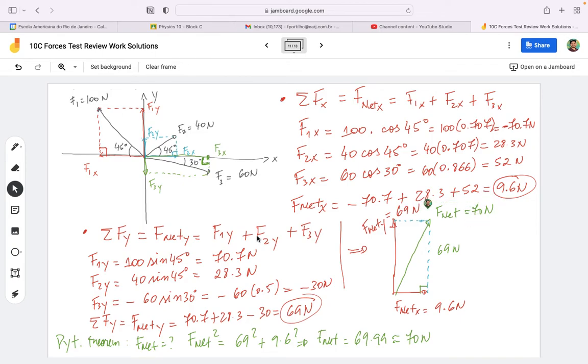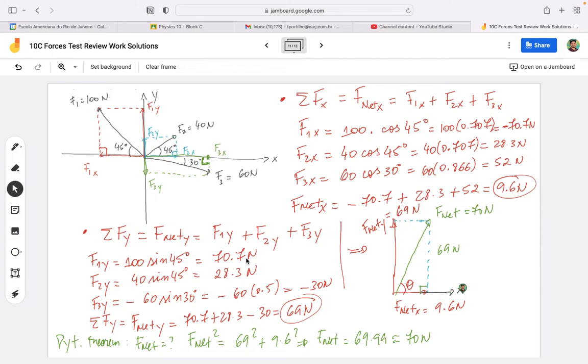And now what do we do? Obviously, just to make sure that you understand, this vector diagram is not shown to the scale, right? But one thing we should consider is to show the angle of the net force, which is the direction of the net force relative to the x-axis. Let's just show the x-axis here.